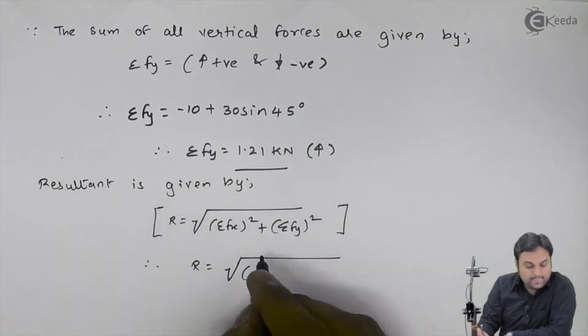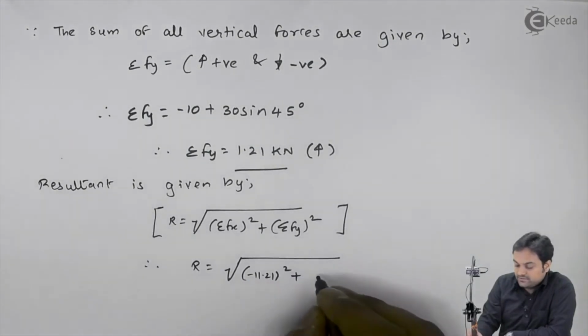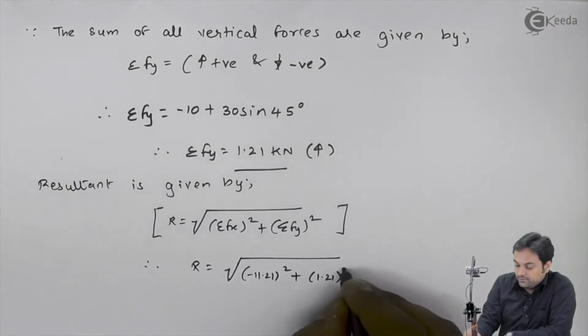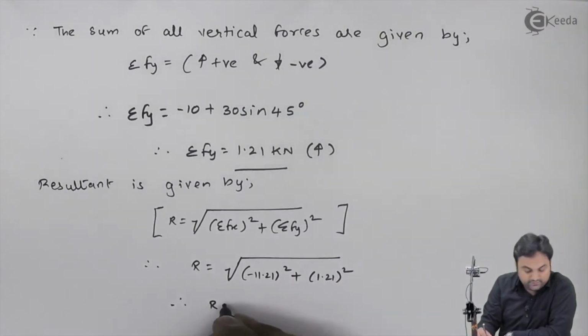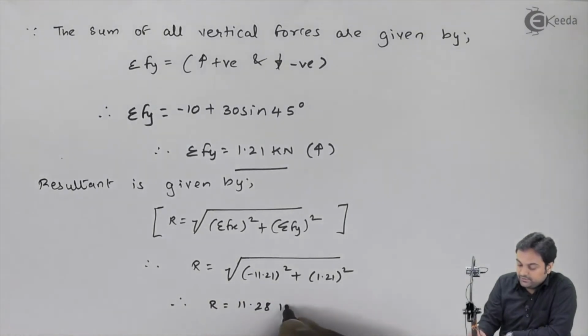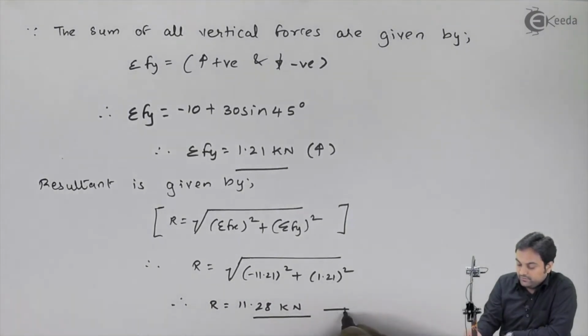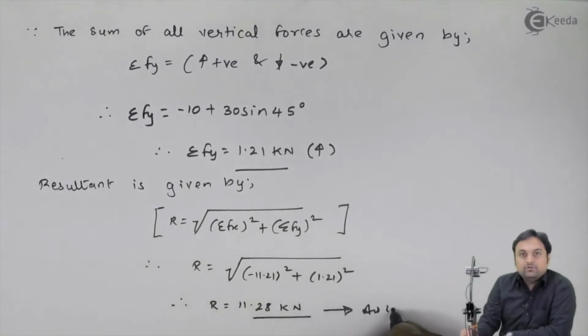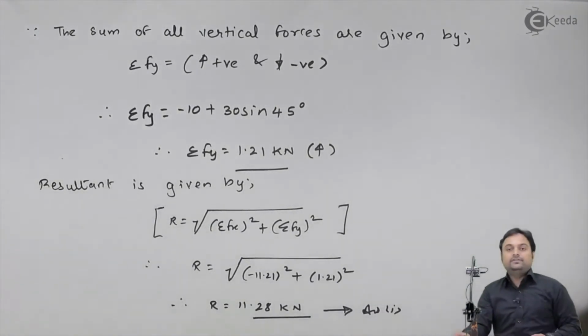Summation Fx minus 11.21 whole square plus summation Fy 1.21 whole square. Therefore, I will get my answer of resultant as 11.28 kilonewton. This will be my first answer, the value of resultant.